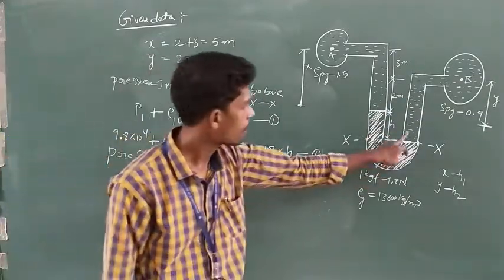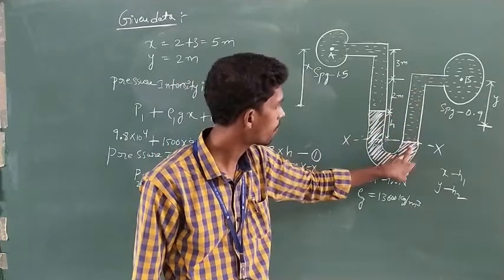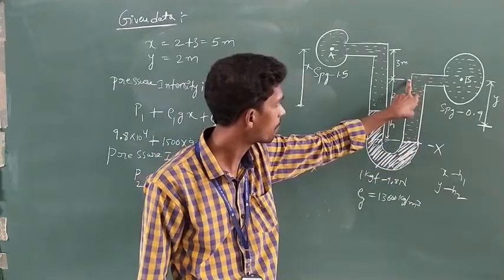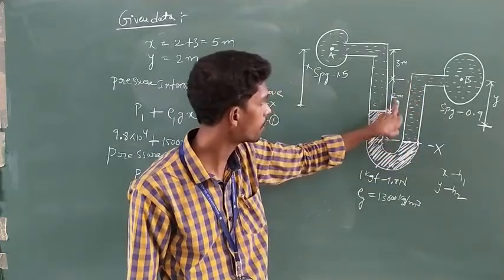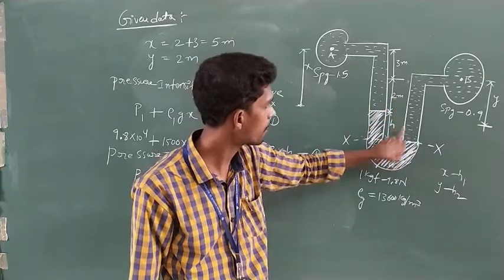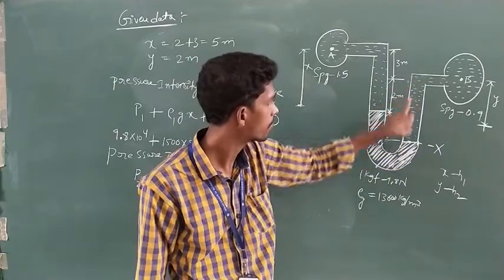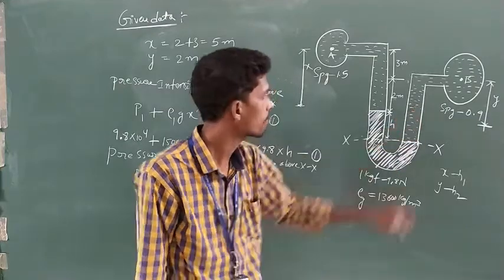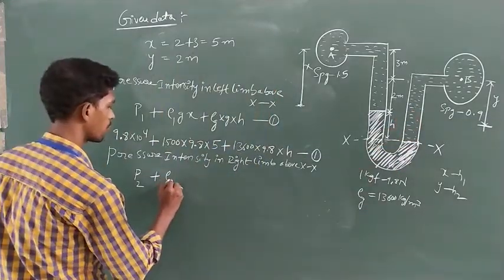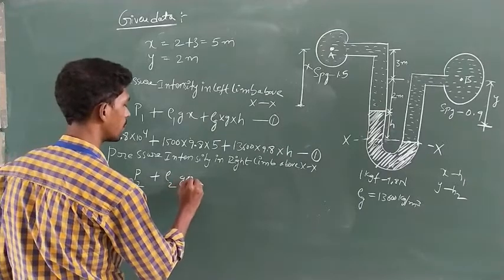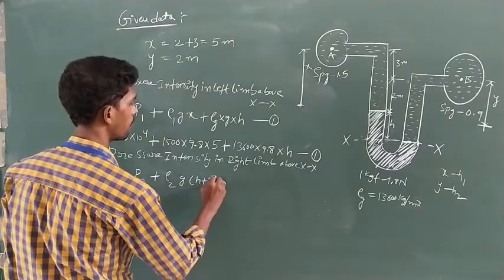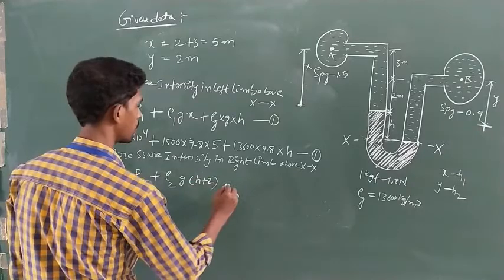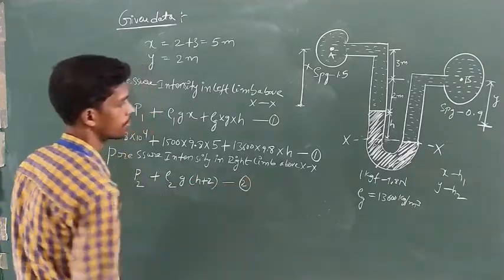Plus what about this entire fluid column height up to this center? It is h plus 2, right? H plus 2 is the height of fluid column, right? And what about the density there? Rho 2 is the density, right? So rho 2 G into h plus 2, right? This is the equation number 2.